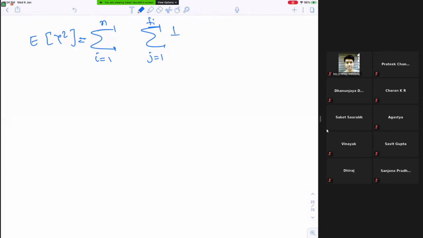Now each of these terms is achieved 1 over m times, and what is the value it takes now? It takes m times. Now our function is, let's say I'm going to call it L, not J, L. So it is going to take function L to the power k, and L minus 1 to the power k, whole square.